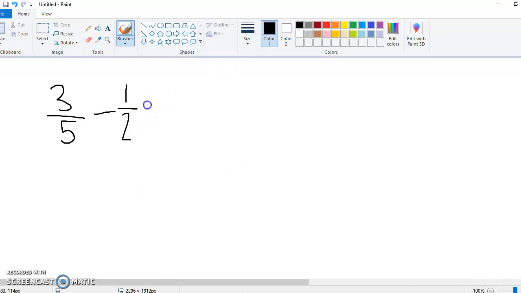Okay. Anyway, the smallest number I can have for my denominator here is going to be 10. I just got that by multiplying the two bottom numbers together. I know the multiples of 5 are just 5 and 10, and then multiples of 2 are 2, 4, 6, 8, 10. That's the closest I can get. So 5 I had to multiply by 2 to receive this 10. So my 3 up top, I have to also multiply by 2, which then becomes 6.